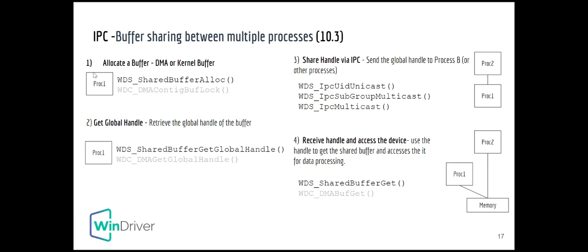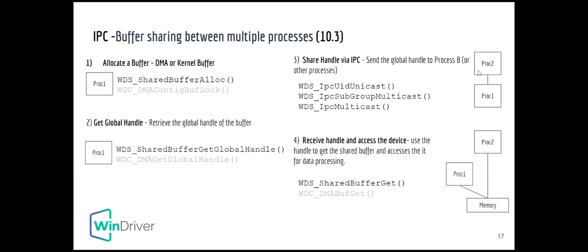So the first thing that needs to happen is to allocate a buffer, DMA or kernel buffer. This is process one. Then we need to retrieve the global handle of the buffer. This is also done by process one using WDS shared buff get global handle.